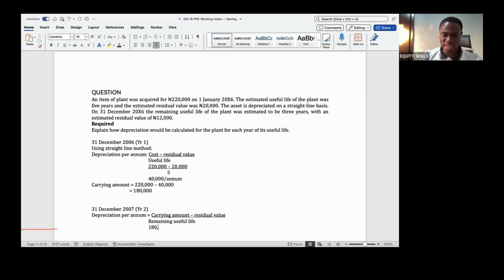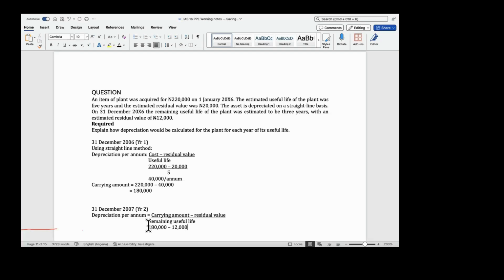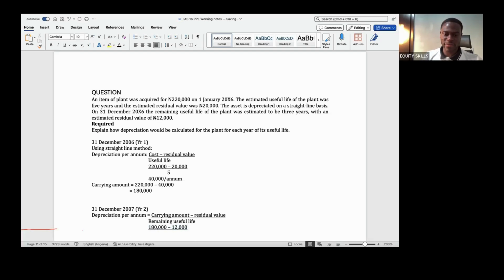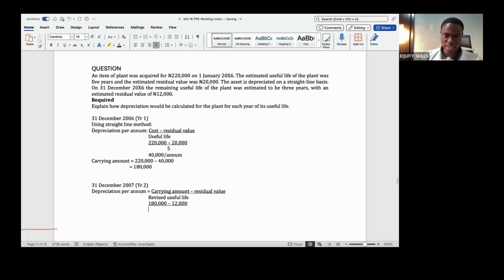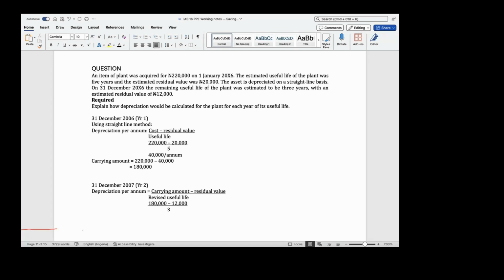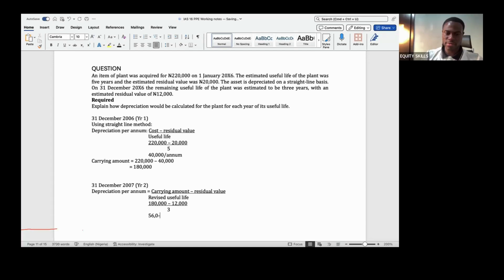So the carrying amount at the beginning was 180, minus the revised residual value of 12,000, divided by the revised useful life of 3 years. So how much do we have? 56,000.